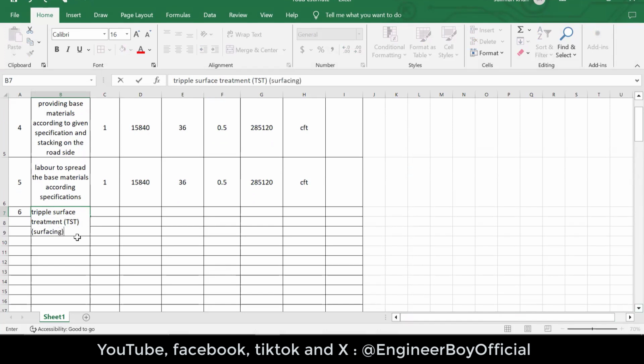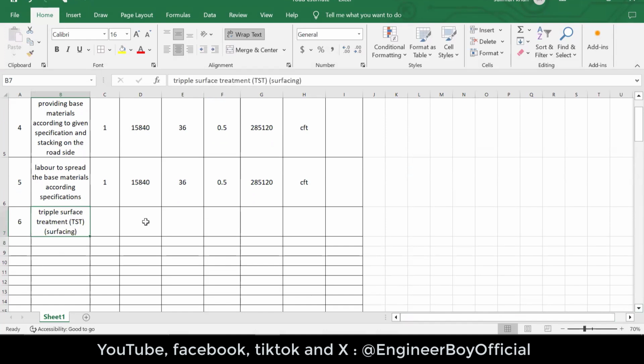So you can understand this is just topping. Now, in the same triple surface treatment, there can be 2 types of material. Let me just say number 1, there can be crushed stone, okay? Now, the quantity of crushed stone can be different. And this depends on the mix design, okay? So it can be different.